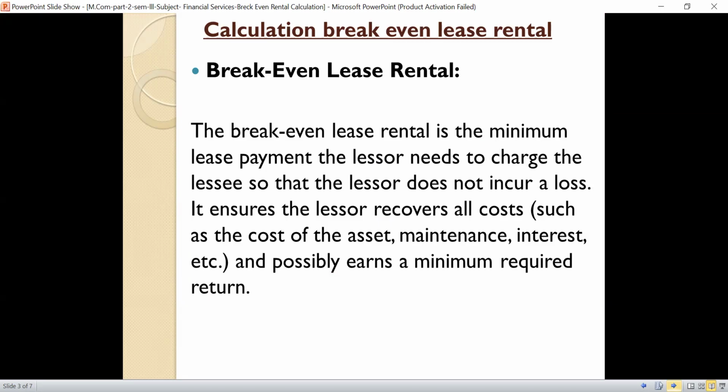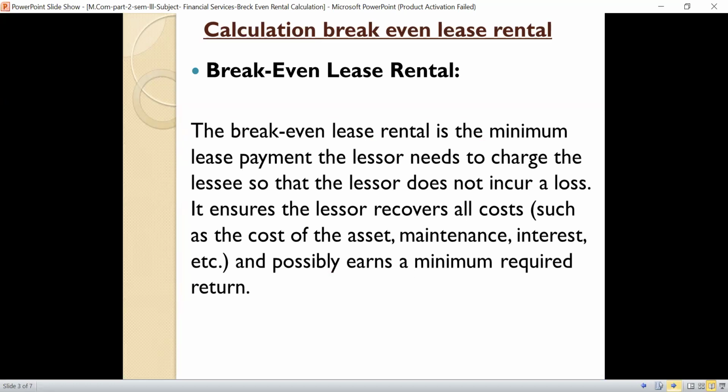It ensures the lessor recovers all costs such as the cost of the assets, maintenance, interest, etc. and possibly earns a minimum required return. It means the break-even lease rental is the lowest amount the lessor must charge the lessee so they don't lose money.